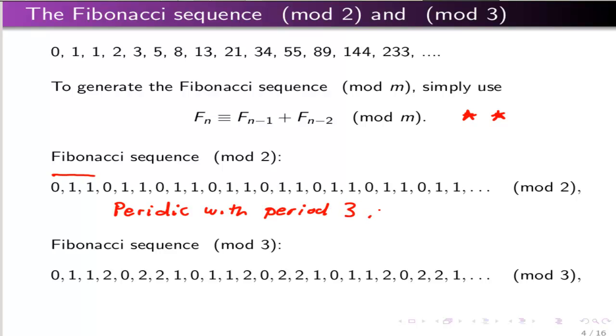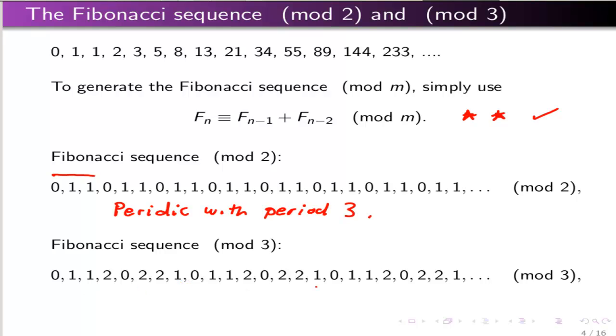Or if we look at the Fibonacci sequence mod 3, let's go ahead and use the defining relationship here. So 0 plus 1 is 1, 1 plus 1 is 2, 1 plus 2 is 3, which is 0, 2 plus 0 is 2, 0 plus 2 is 2, 2 plus 2 is 4, which is 1, and so on.